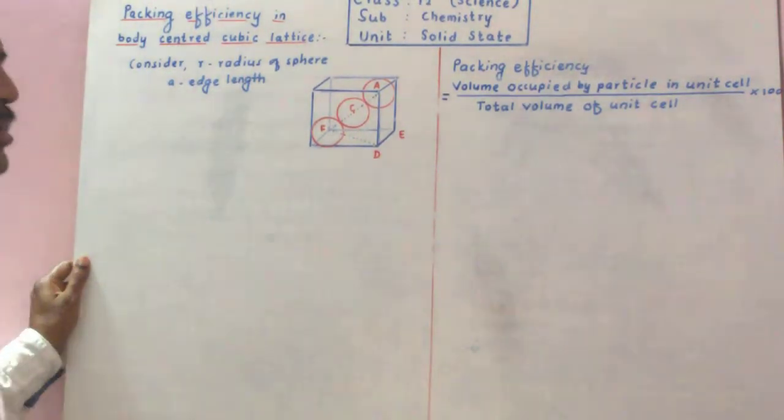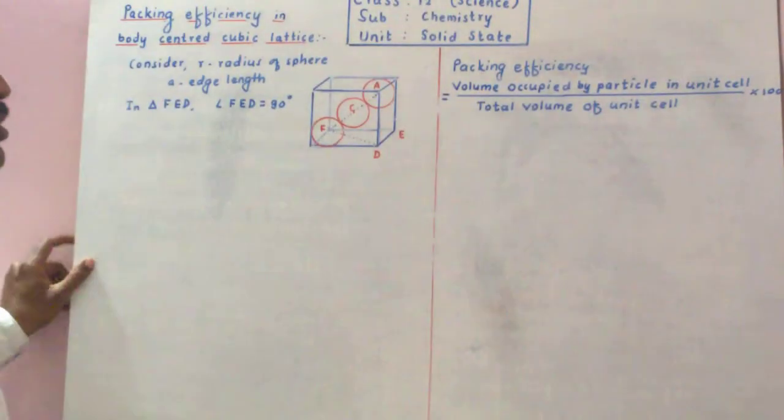Now in triangle FED, this is the cubic unit cell. So angles are here. Angle FED is 90 degrees.